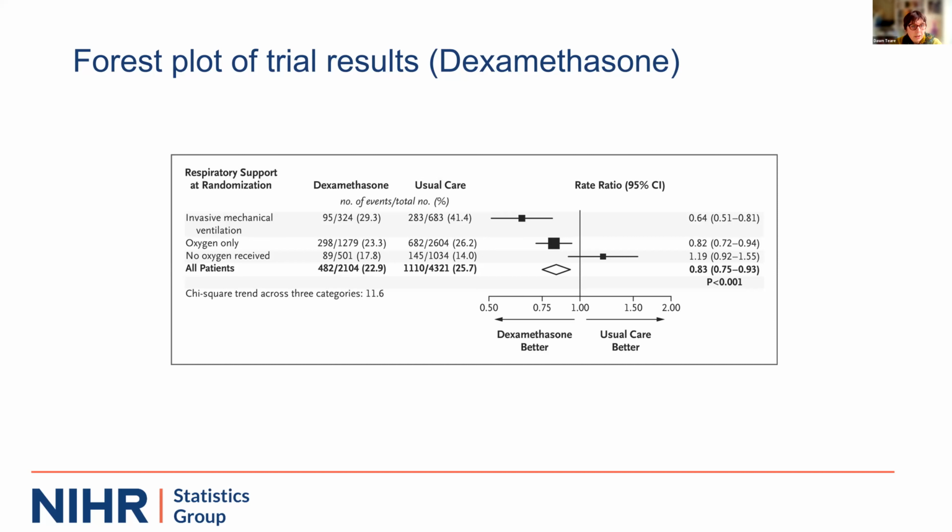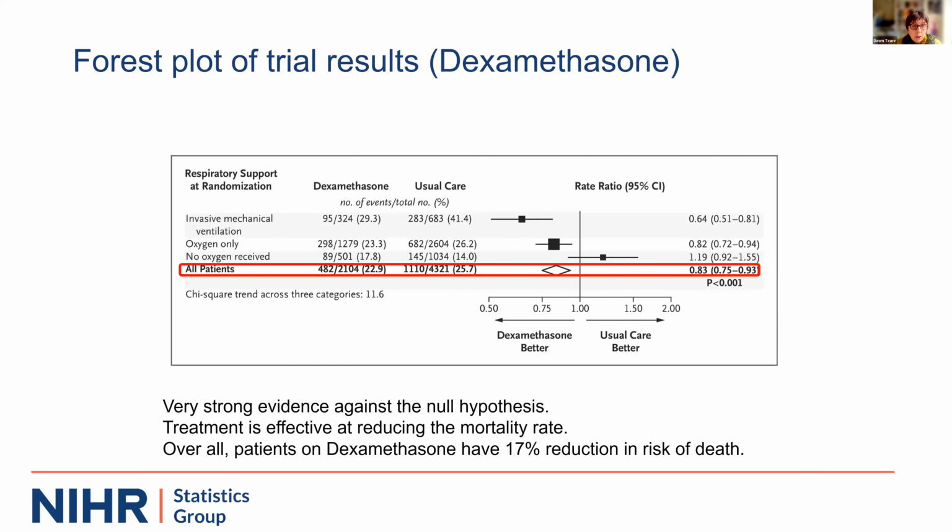So for all patients, if you just look at the bottom part of that forest plot, we knew there was a 2.8% reduction in absolute risk. And when they applied the Cox regression model here, they got a rate ratio of 0.83 for the comparison of risk of dexamethasone versus usual care.